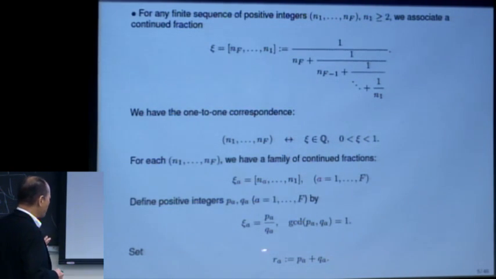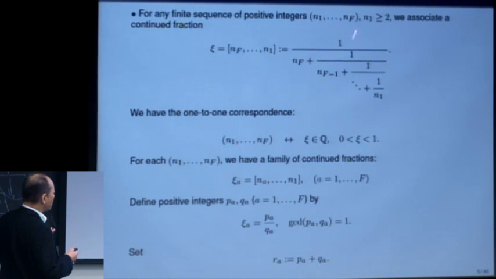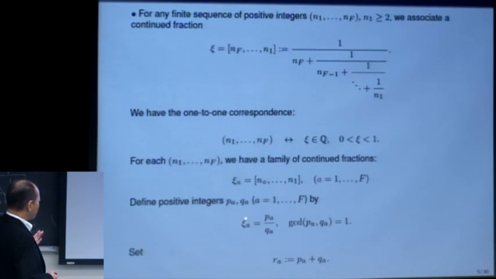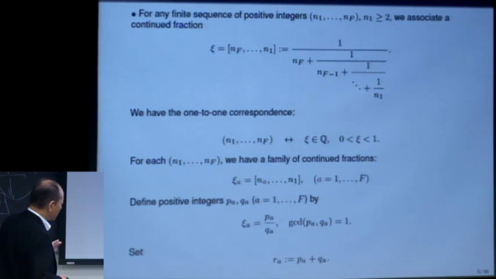So for example, in this way we have not only one fraction but also several fractions, just cutting here, cutting here, and so on. And each fraction can have a reduced expression, and you can add these numbers, and you have some numbers. So in this way, from your input, you can get several numbers.